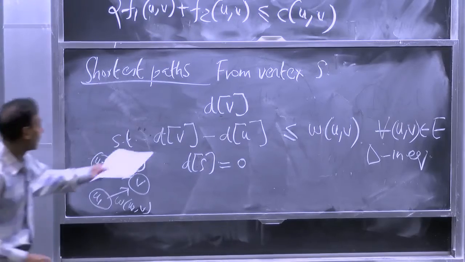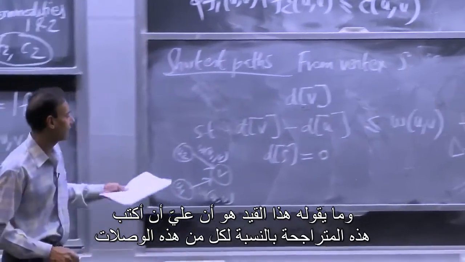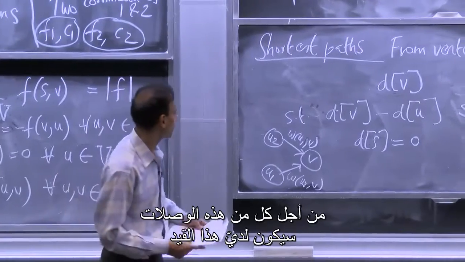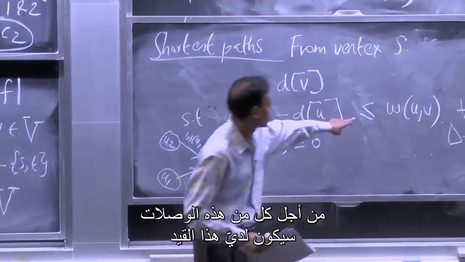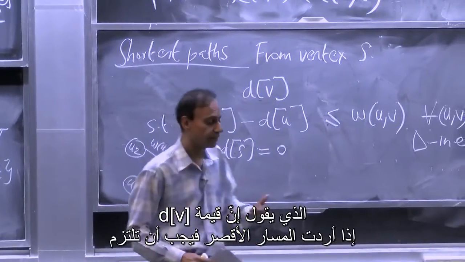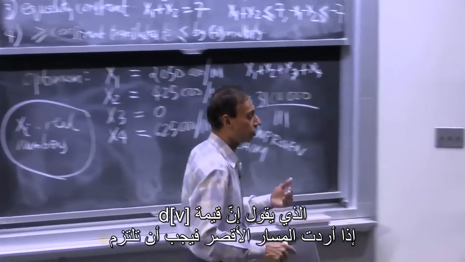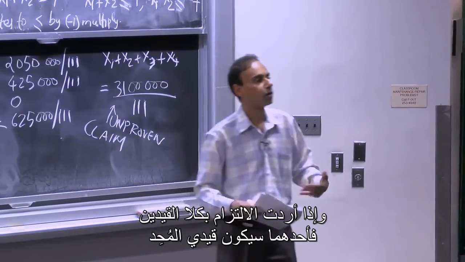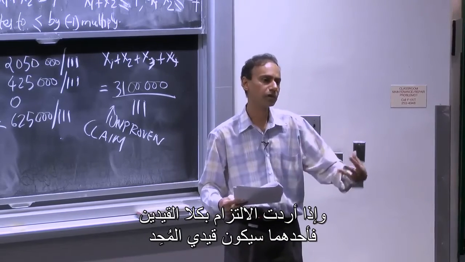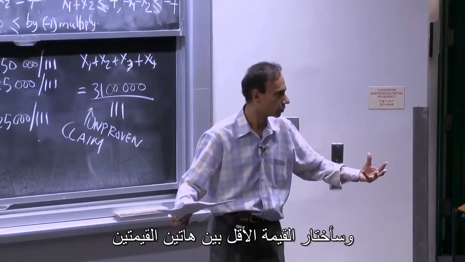And so I'm going to have to write this constraint out for each of these edges, and that says that the dv value, if I want the shortest path, should obey both of these constraints. And one of them is going to be my limiting constraint, and I'm going to get the min of those two.